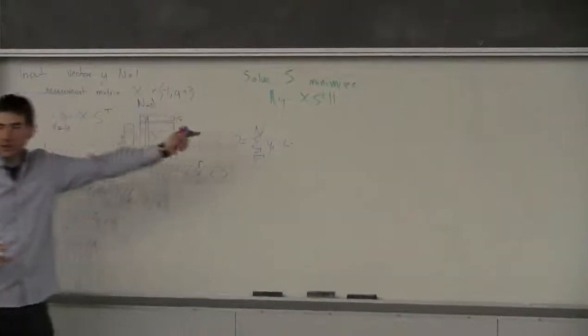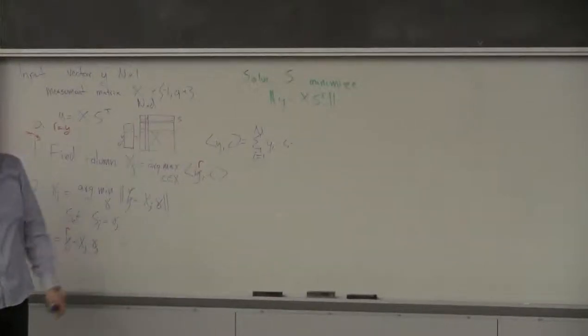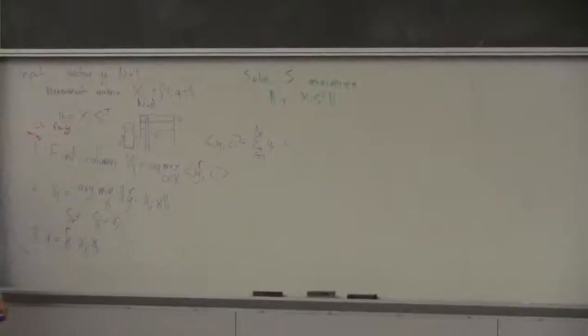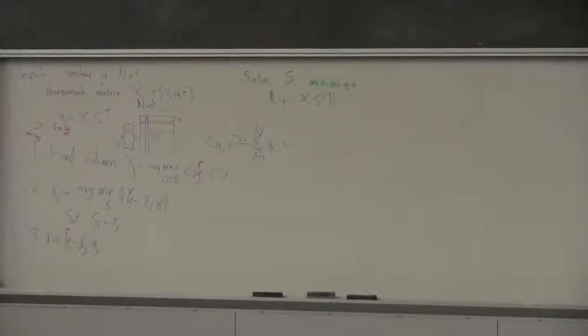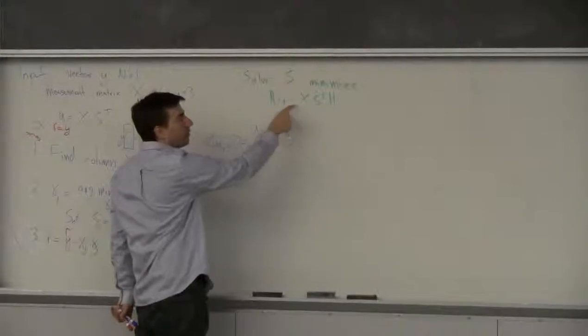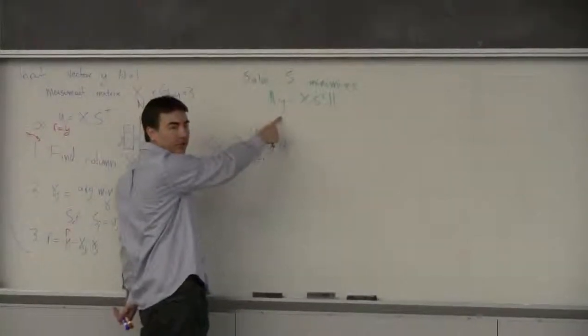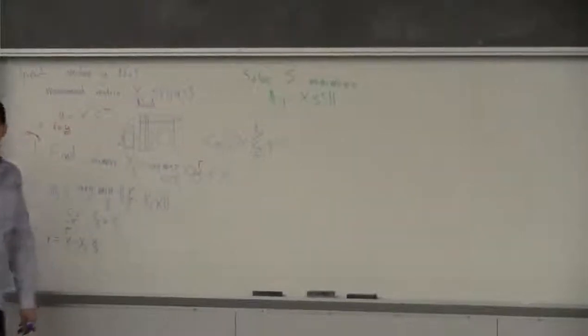So this looks like a least squares problem. If I wanted to solve this problem, I could just run the typical least squares way of doing this. But the problem is that there are more variables I'm trying to solve for than there are linear equations. So I should be able to do it.